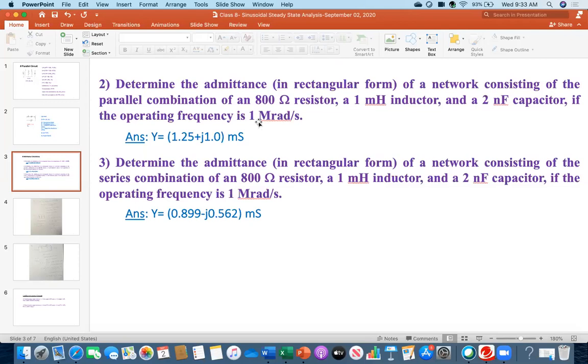This is not just the frequency, because it is expressed in radian per second. But if it is not expressed in radian per second, let's say hertz or cycles per second, then that is the f value and you have to convert into omega. But because the unit is radian per second, this is directly the value of omega.